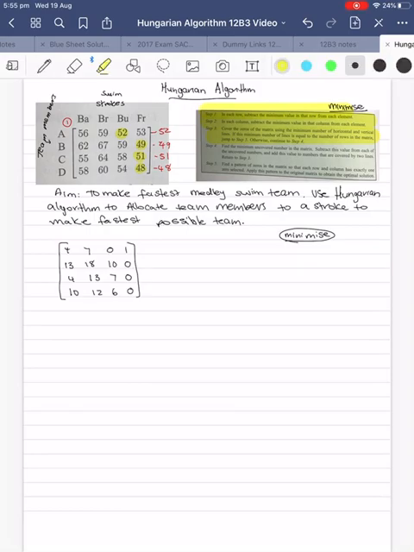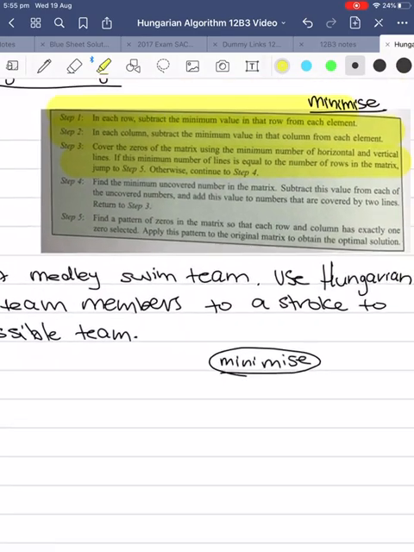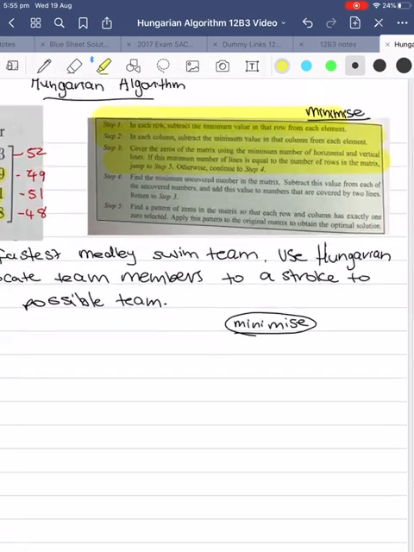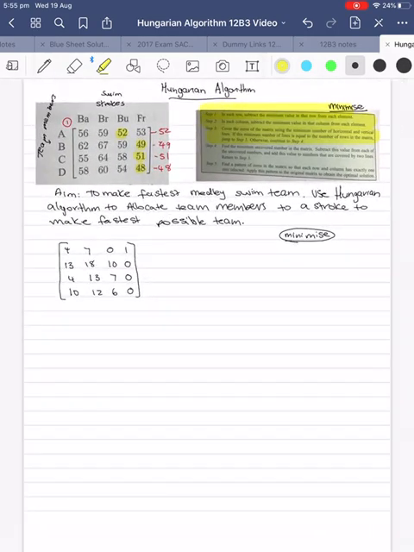Second step. Now we have to do, in each column, subtract the minimum value. So now I have to identify each column. The first column we have 4, second column we have 7. We have zeros in the next two, so we don't have to take anything away from those. So that's just take 4 and take 7. So let's go from here. We have 0, 9, 0, and 6.